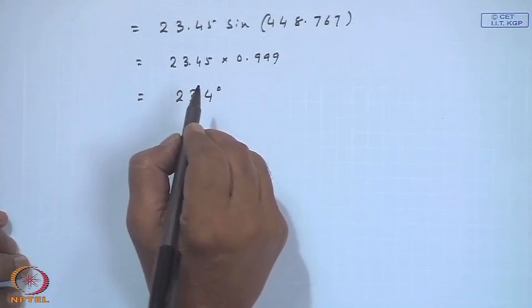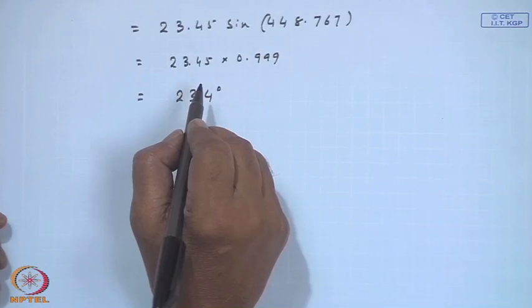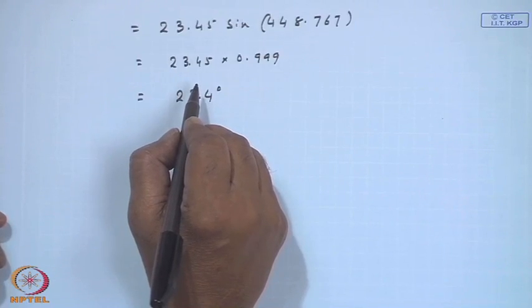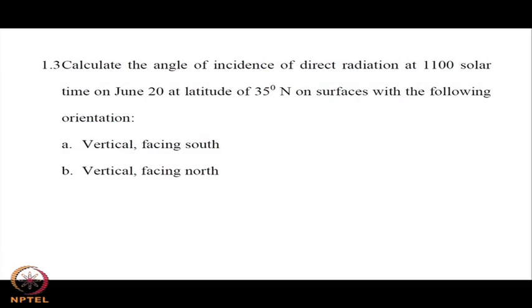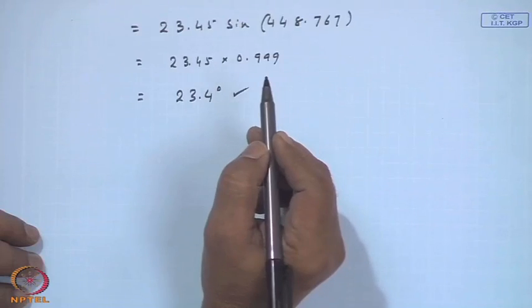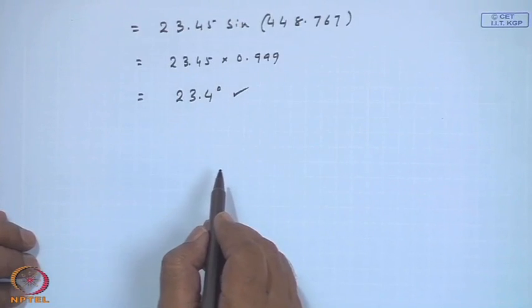I am happy because we know in June the maximum declination will be around June 23rd, which is equal to 23.45 degrees, and around June 20th with all this calculation including sine of 448.767, I got the answer 23.4 degrees. So, it should be okay.